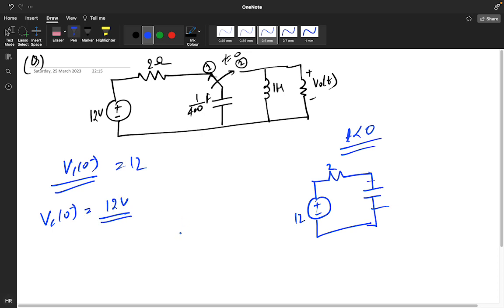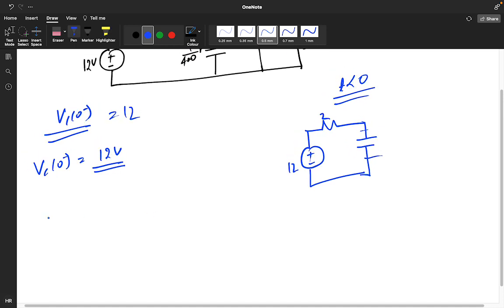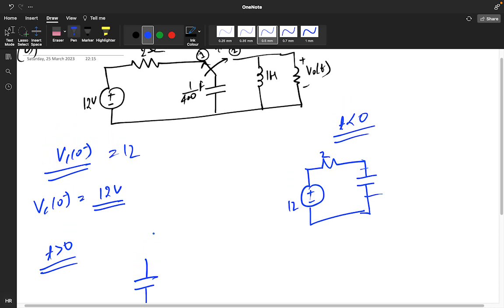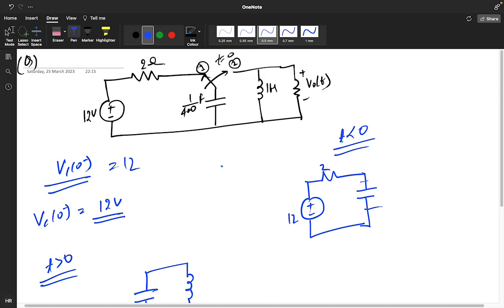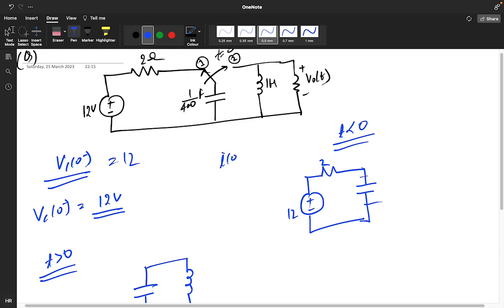Now after t greater than 0, what circuit are you getting? And your I(0 minus) will be 0 only. I(0 minus), the inductor current IL(0 minus), will be 0, because at 0 conditions it was not having any source, so there was no current.